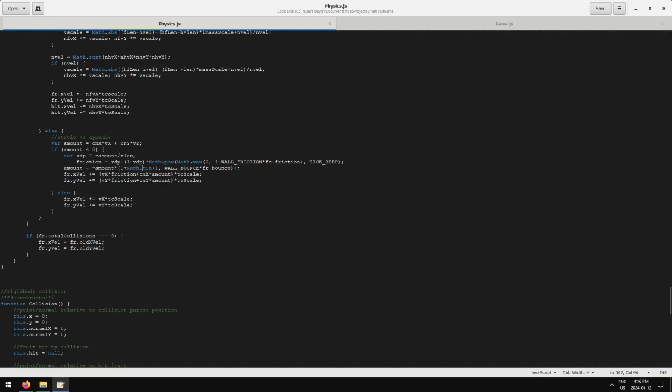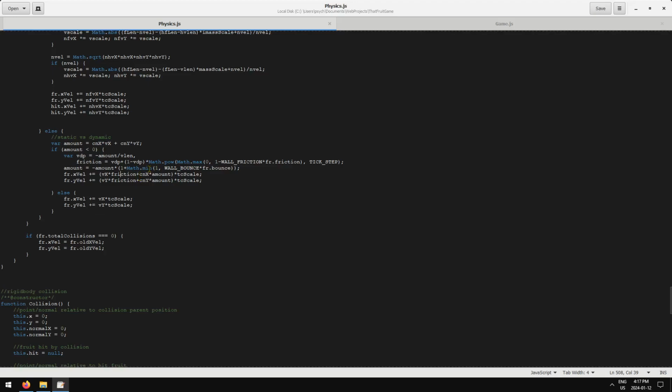So then bounce, multiply the bounce, clamp it to 1. So we multiply this amount by 1 plus this bounce. So if you think about it just at 1, if we look at this here, and you forget about friction, just pretend friction is 1. Vx plus Cnx times amount. This is like the vector reflect function being applied to the velocity. So we're pushing back with the normal based off this dot product amount.